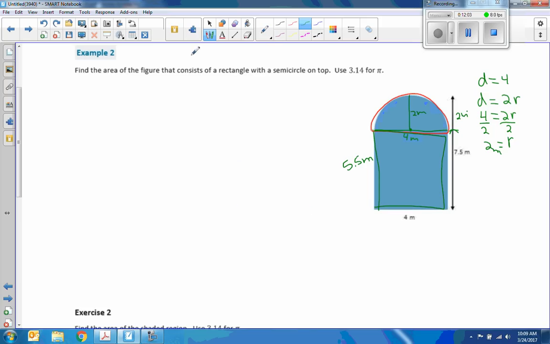Alright, so I'm going to take the area of the rectangle plus, say that again, area of the rectangle plus area of the semicircle. I'll just use S for semicircle.